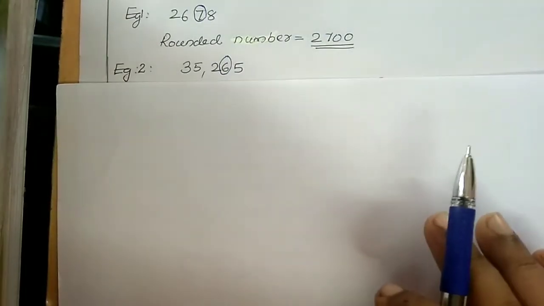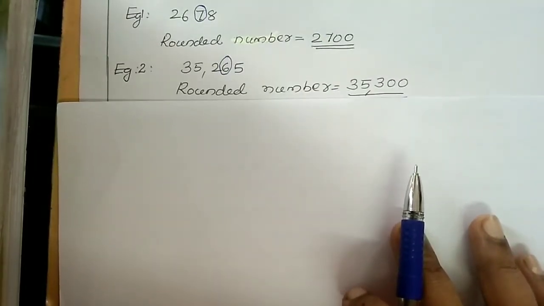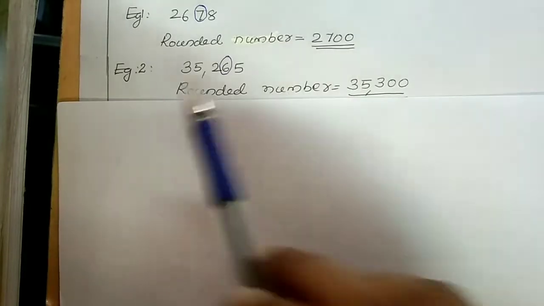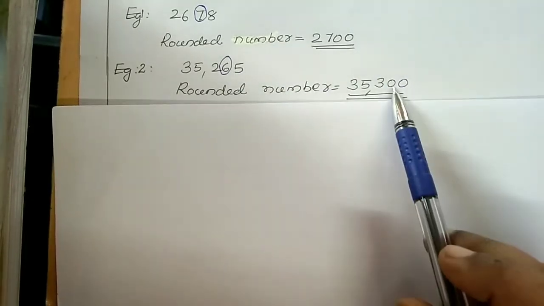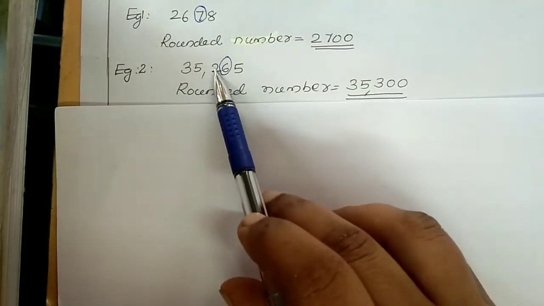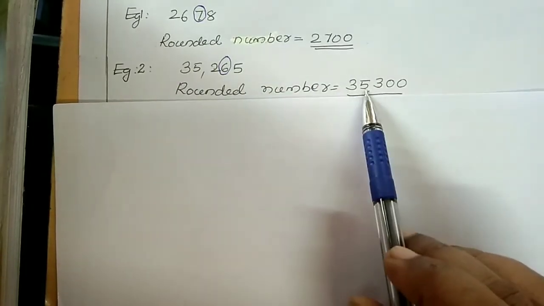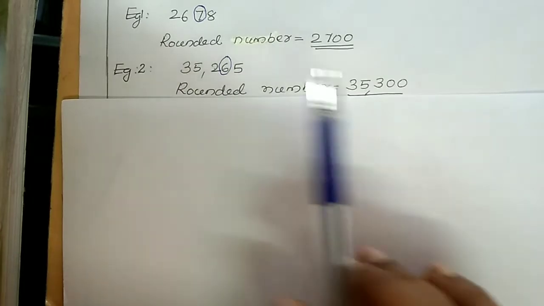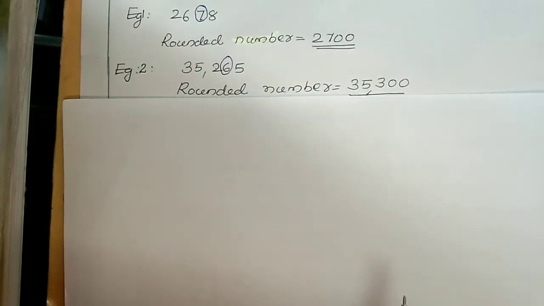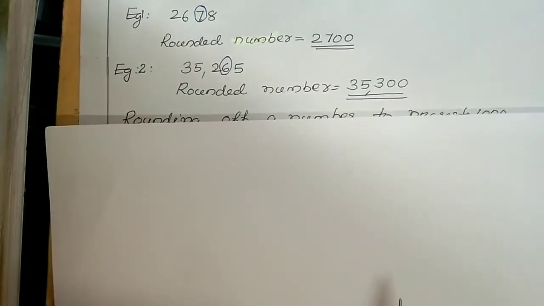So 2 plus 1 is 3. So which is our answer? This 6 and 5 become 0 and this 2 plus 1 is 3. No change in the remaining digits. So our number is 35,300.